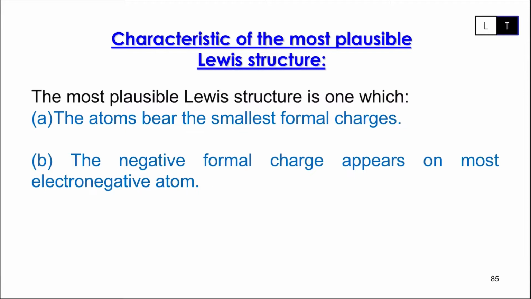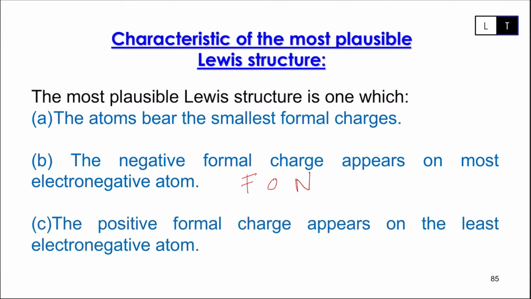And you should remember we have three, the most electronegative atoms, FON: fluorine, oxygen and nitrogen. And the last one, the third characteristic, the positive formal charge should appear on the least electronegative atom, or on the most electropositive atom, whichever you're comfortable with.